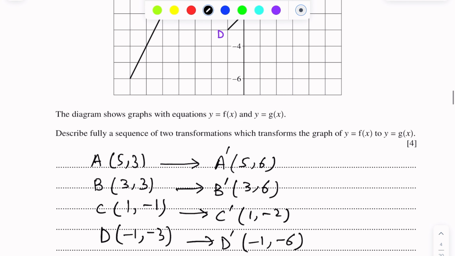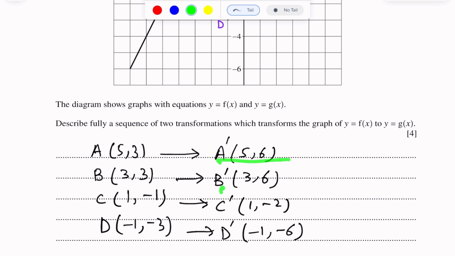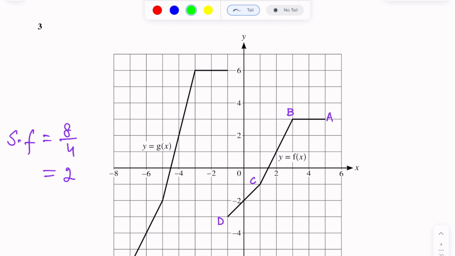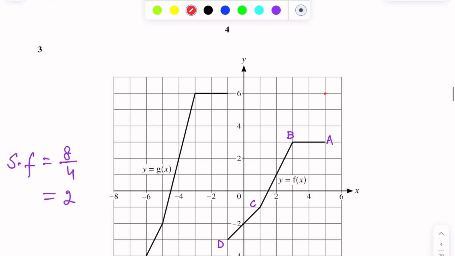We mention these 4 points here: (5, 6) is this point, and B dash is (3, 6).